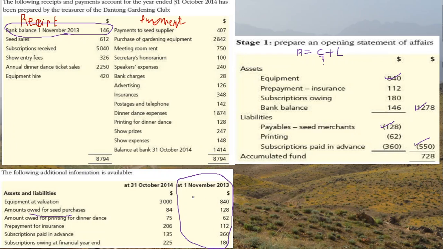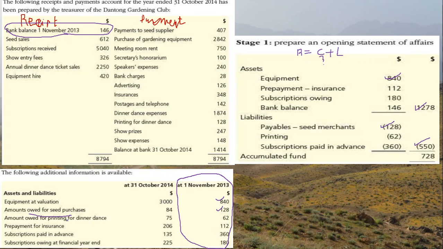Here you can see. Then you have 62. 62 is the amount owed for printing for dinner dance. We have an activity named dinner dance, probably a dinner as well as dance going on. For that maybe you need to print some pamphlets or invitation cards.